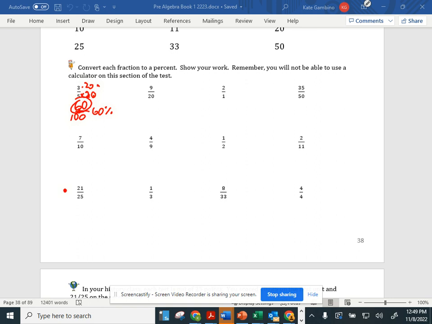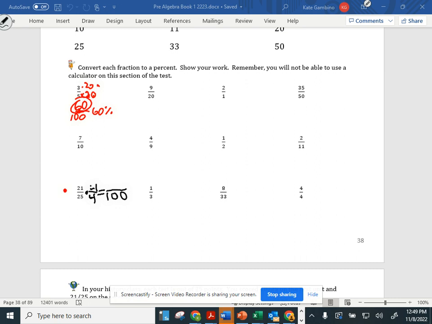Kate, you were the first one that had the correct answer. Come show us how you solved it. Some of us did our math wrong, so I really need us paying attention. Shh, I am recording, so we are quiet. 25 is one of our friendly denominators.